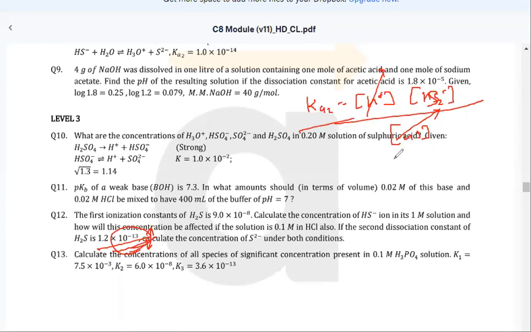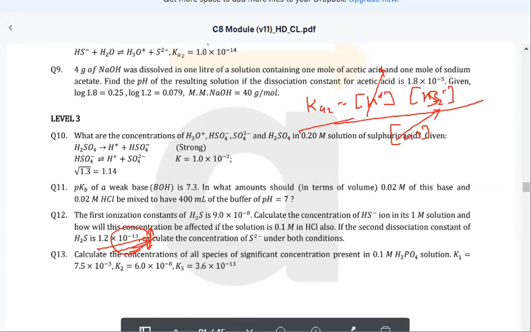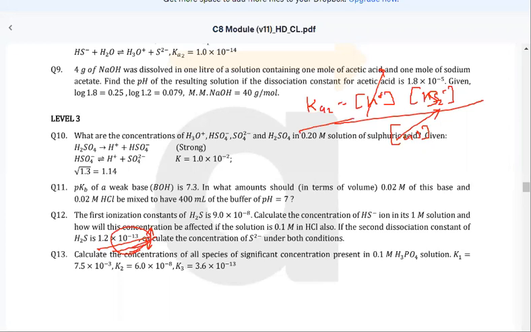So Ka2 will be just concentration of S2 minus. If you remember, we have done this. So concentration of S2 minus will just be equal to Ka2. Yes.